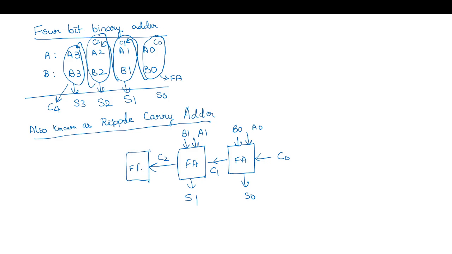Which is applied to the next full adder with A2, B2, giving S2 and carry C3, which is applied to the next full adder with A3, B3, giving S3 and C4.